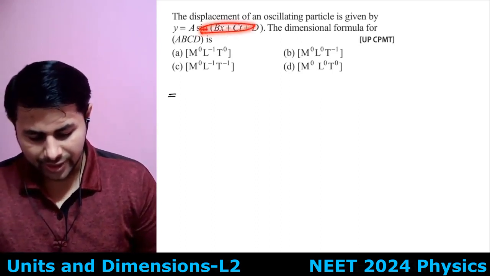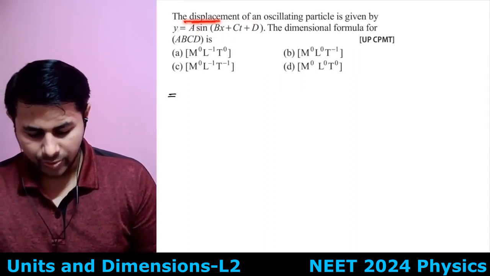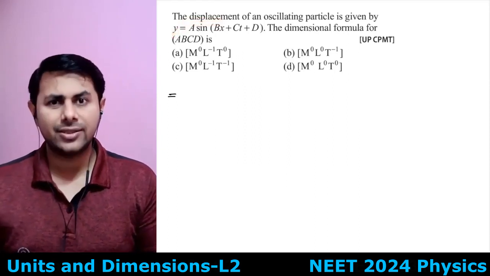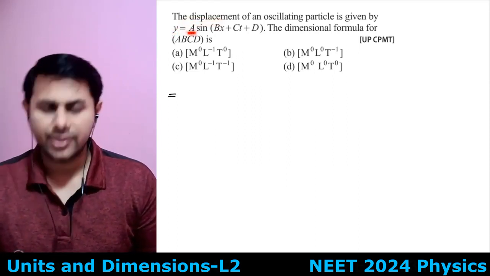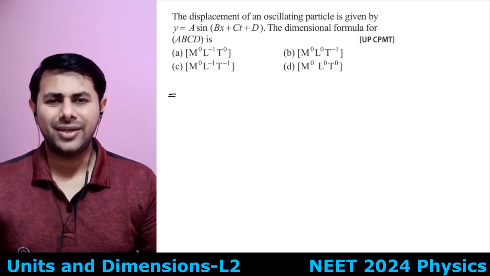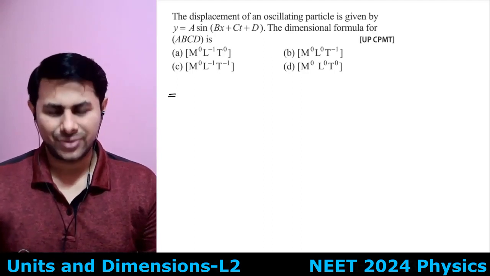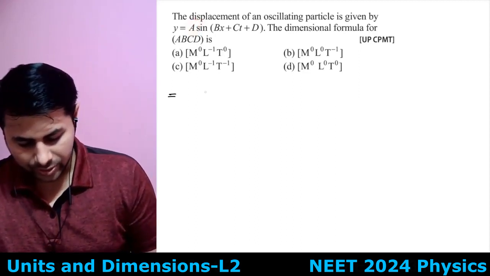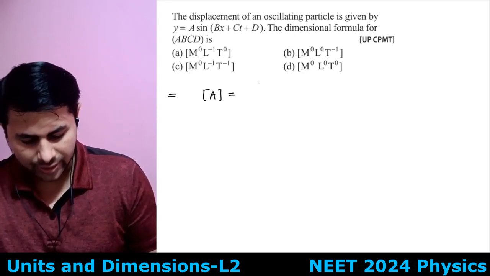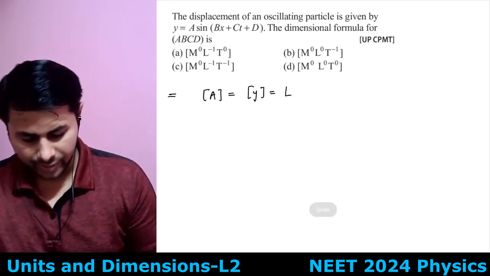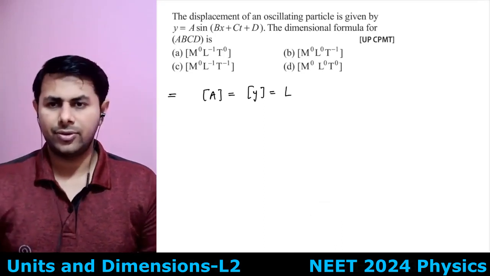So this is dimensionless, and we have this formula for the displacement. That means the quantity on the left hand side is displacement. So this A on the right hand side, which holds all the dimensions, has to be length only. So dimensions of A are equal to dimensions of Y, and that's equal to L. You got this, everybody?